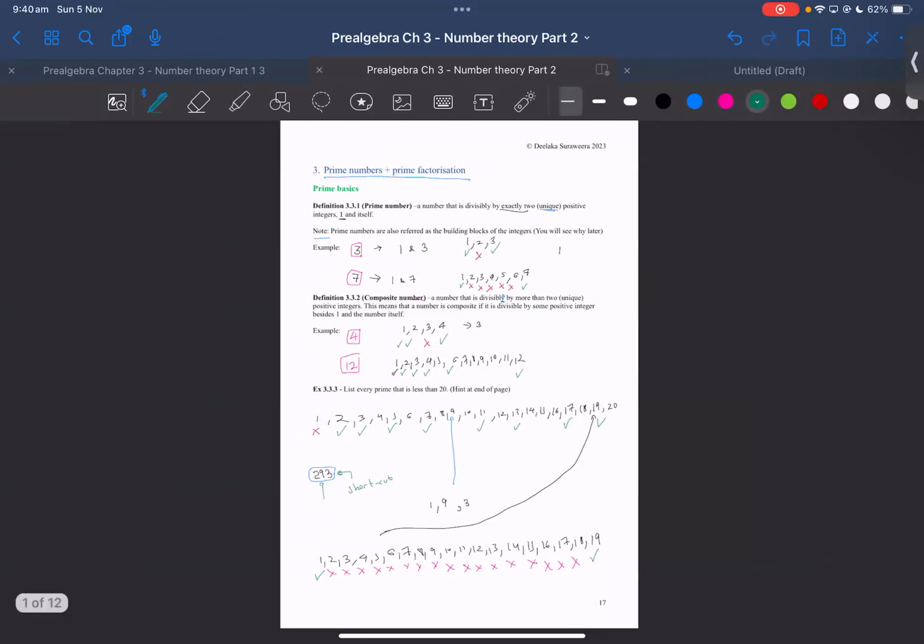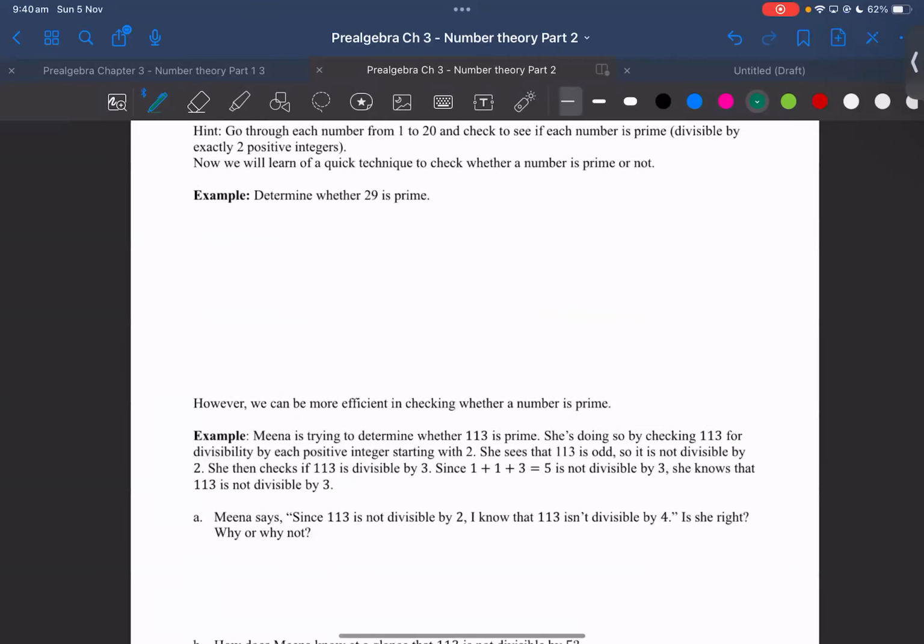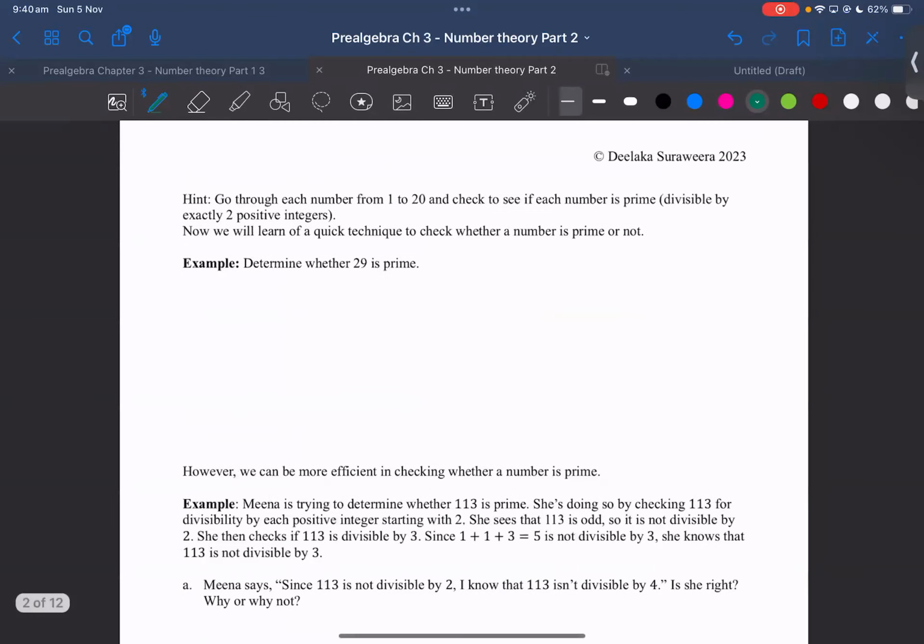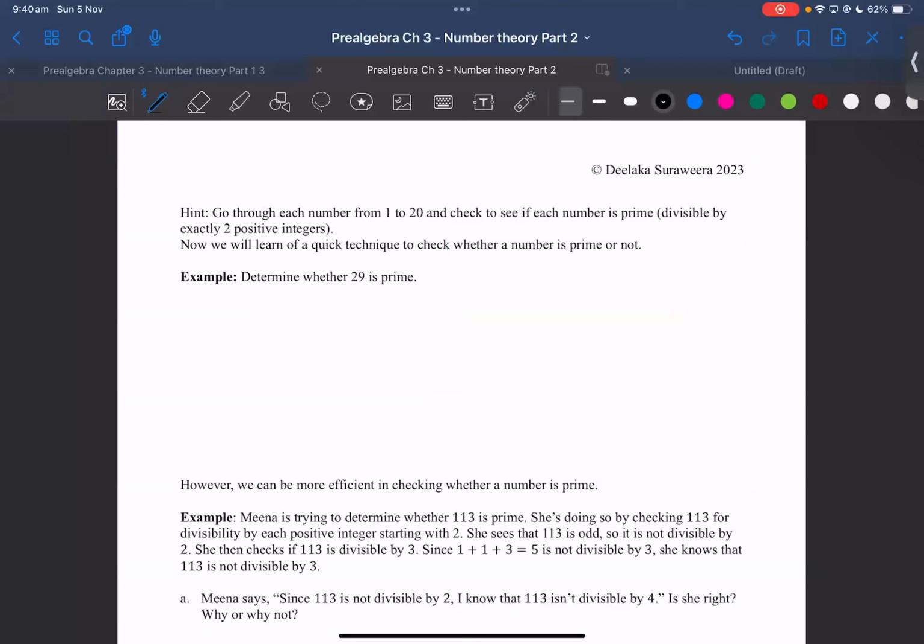Yeah. Okay. So we'll still practice the old method though. Our next goal is to check whether 29 is prime. We're going to do the long, annoying, old way. Is 29 prime? 1, 29, yes, obviously, but 2, 3. It doesn't work. If you go through all the numbers, that's 1, 29, none of the numbers actually work.